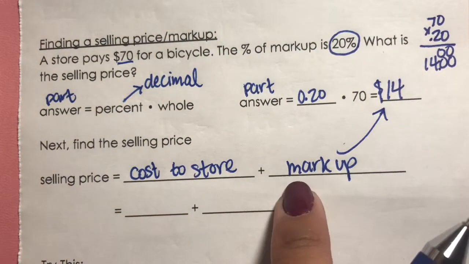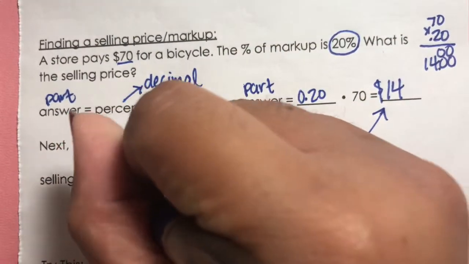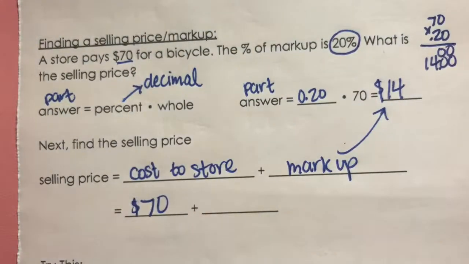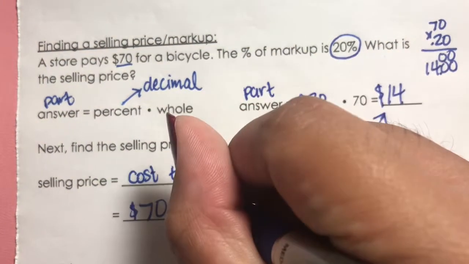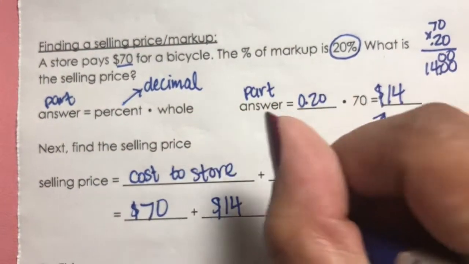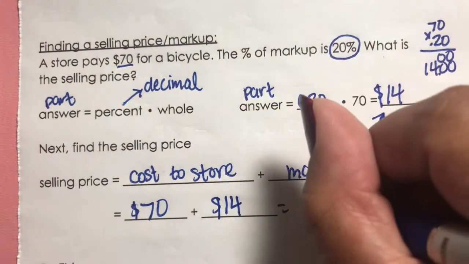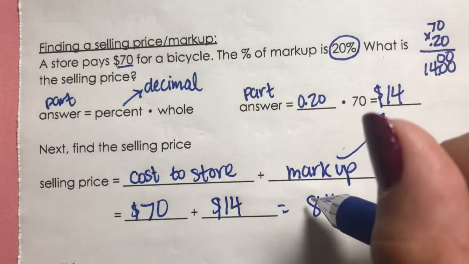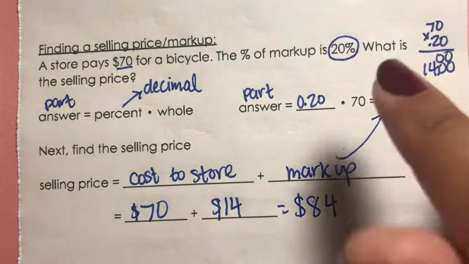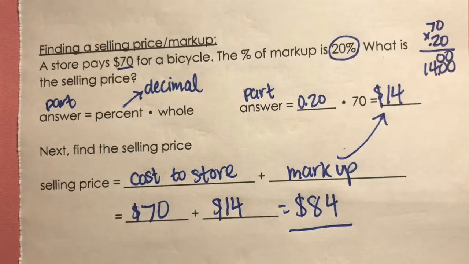So the cost to store is $70, plus the markup, which is $14. 70 plus 14: 4, 7 plus 1 is 8. So the selling price, or how much the store is charging for this bicycle that they paid $70 for, is $84.